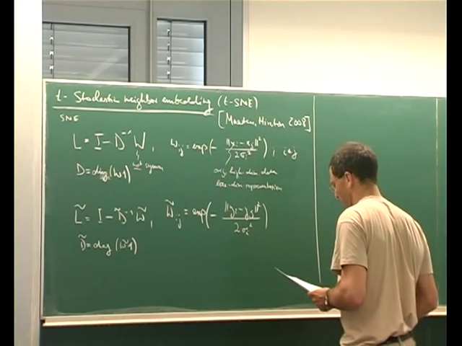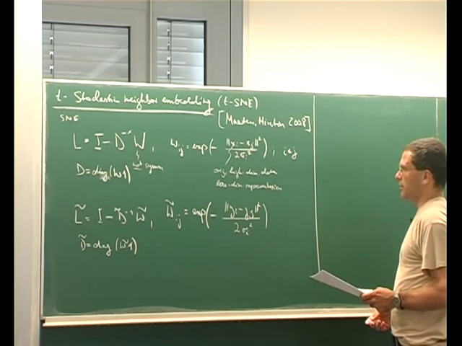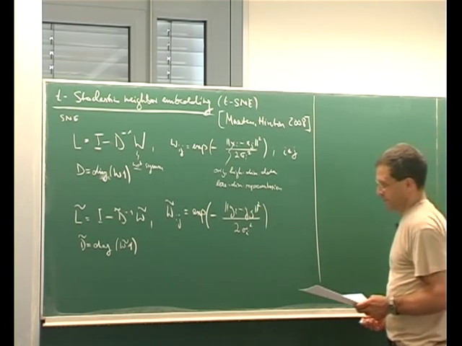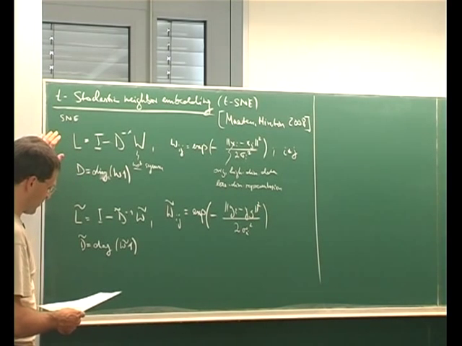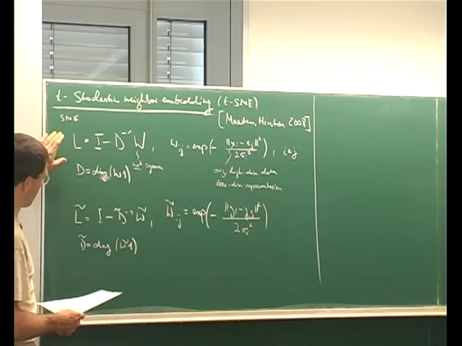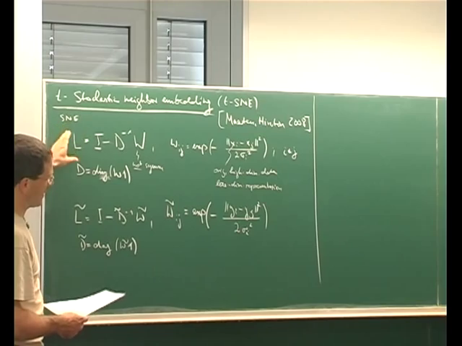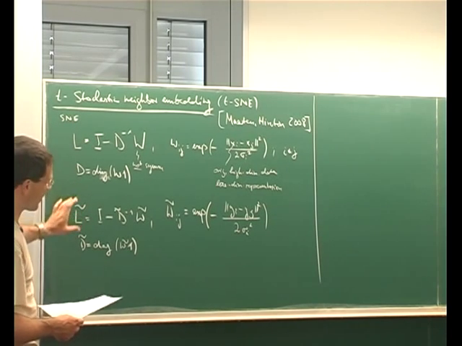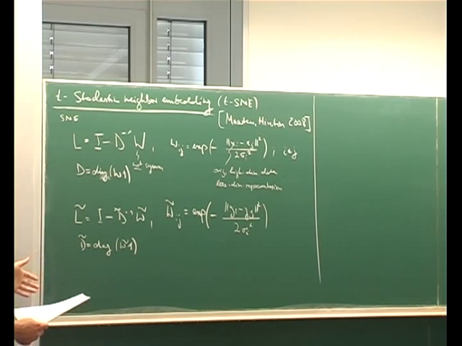Now the authors suggest, by this normalization, this thing sums up to 1, and the authors hence suggest to look at that as a probability distribution, and to make the two distributions as similar as possible.